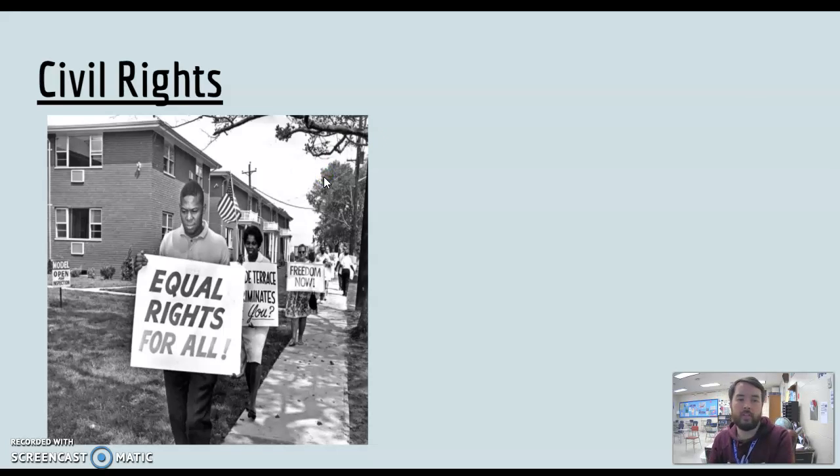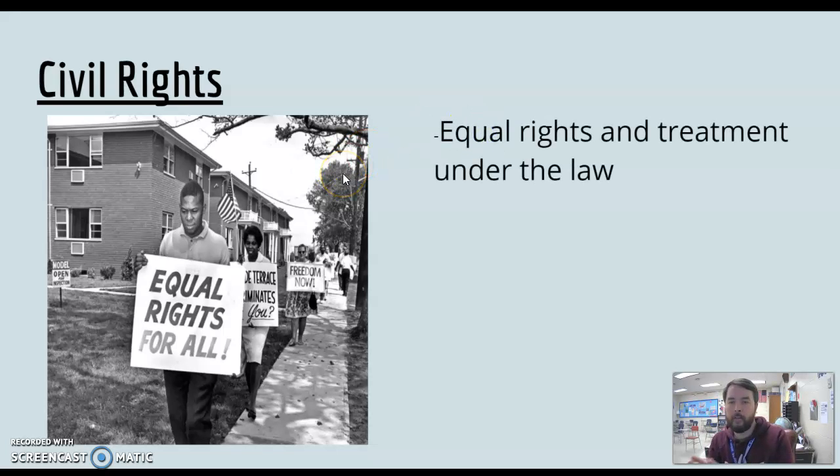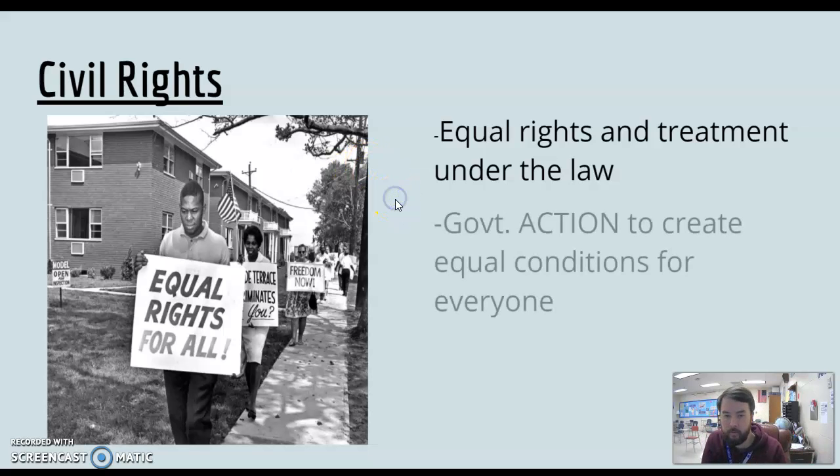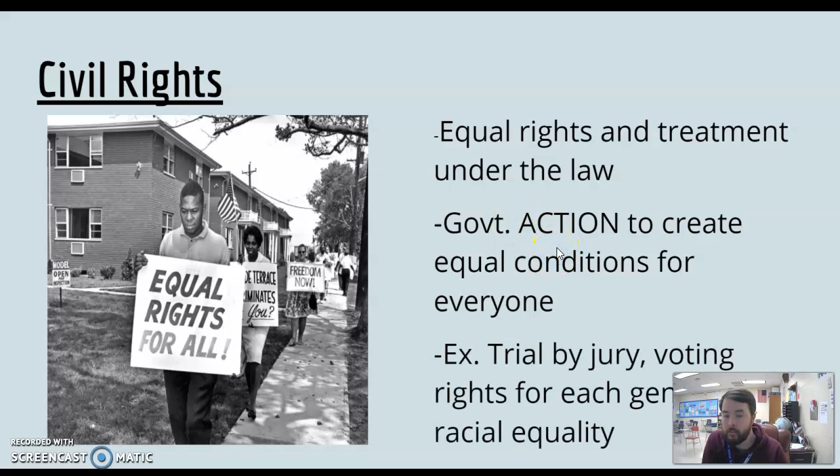So what is a civil right, okay? Think about civil rights as equal rights and treatment under our laws, both state and federal. So this is government action to create equal conditions for everyone. Some examples would be trial by jury. Everyone has a right, no matter your color, your gender, your socioeconomic status.